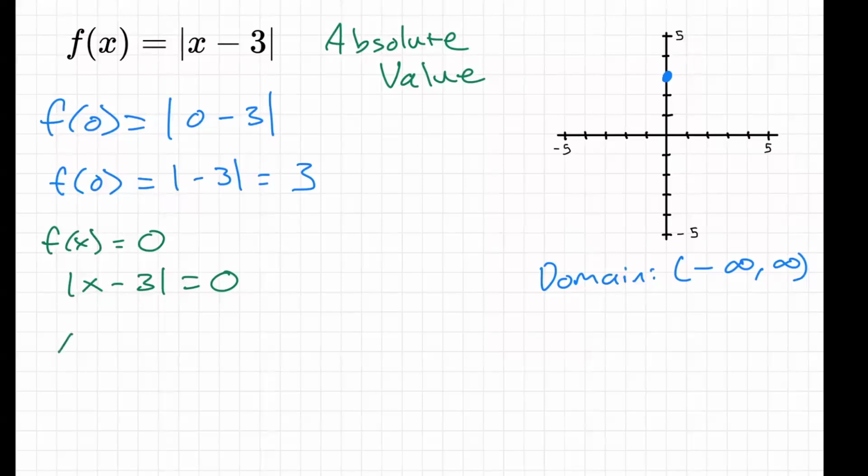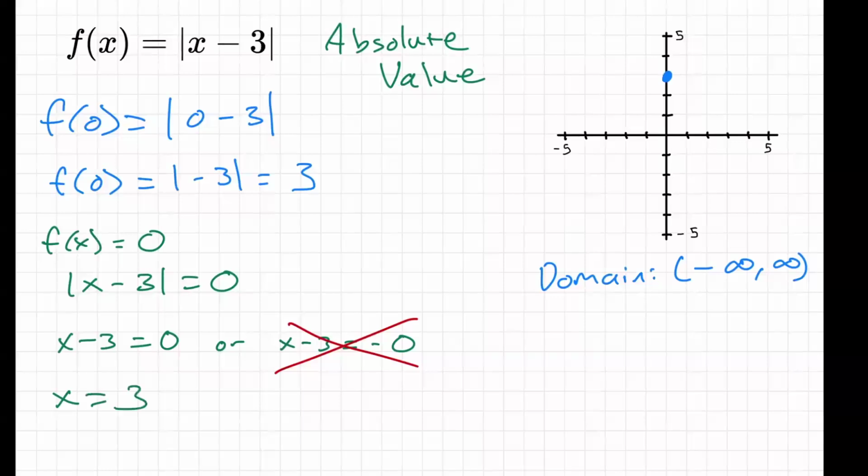Now, with that said, it would be x minus 3 equal to 0, or x minus 3 equal to -0, right? Do I need this second one though? No, right? It's probably better to write it out and just scratch it out, like, I don't need this right now, than to forget how to handle it, okay? With that said then, I only get one solution, right?